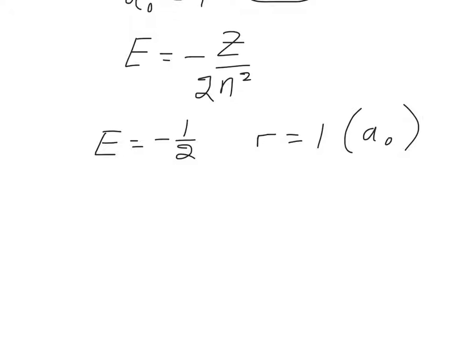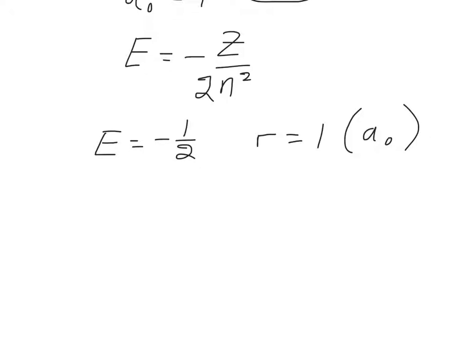That's the Bohr radius in atomic units. And incidentally, when we do the quantum hydrogen atom, where we don't have this fixed radius, A0 will be the average distance of the electron from the nucleus.